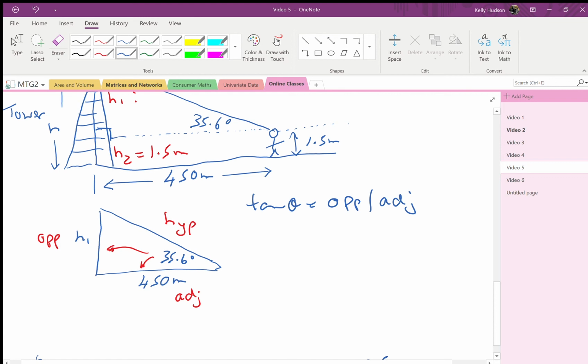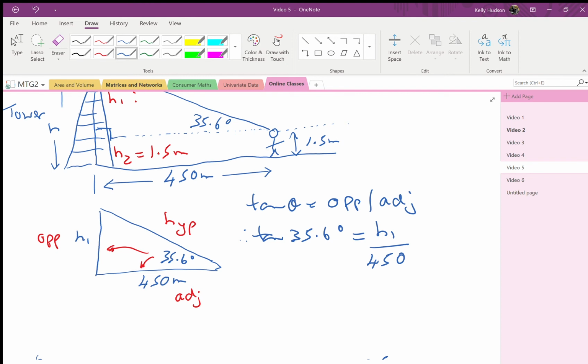Alright, well, let's substitute values in. Therefore, tan 35.6 degrees is the opposite, h1, divided by 450. Okay, so the h1 needs to be the subject, or the left-hand side, and the 450 is the thing I have to remove.